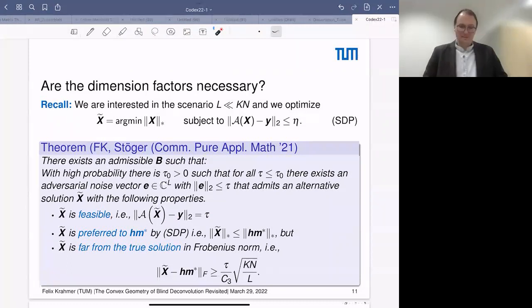At the same time, it would also not be a problem if this vector x had a larger nuclear norm than the truth. So this alternative solution needs to have a smaller nuclear norm than h star, which is the true solution.